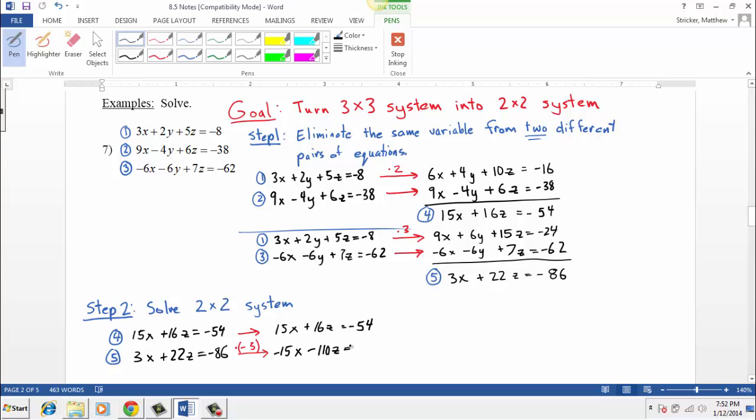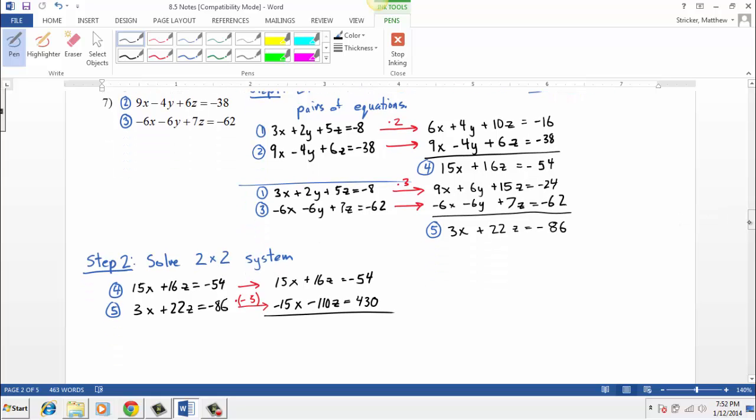And then 5 times 86 is 430. It's going to be a positive 430. And now we can go ahead and add, because as you can see the x's cancel.